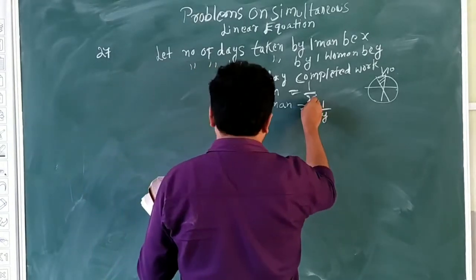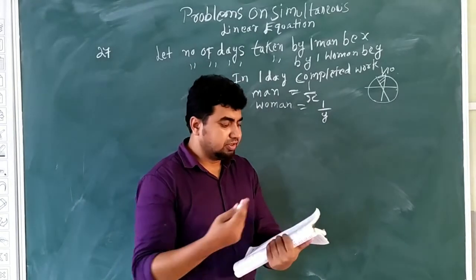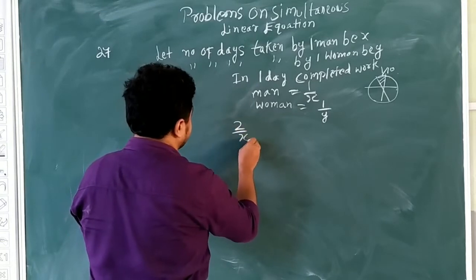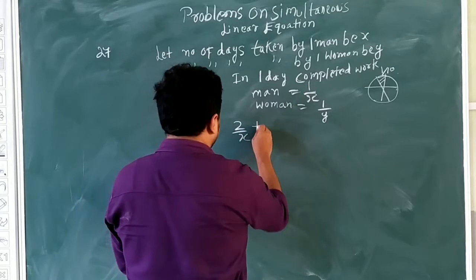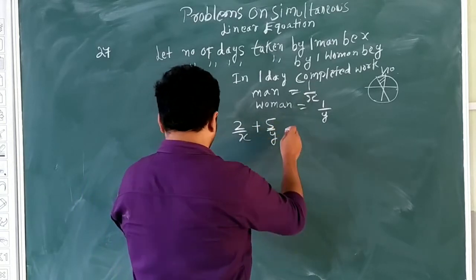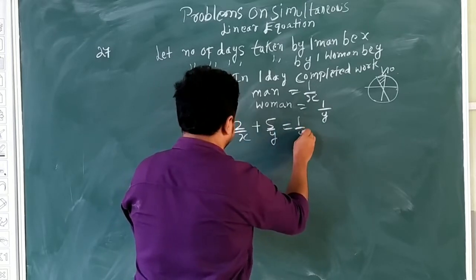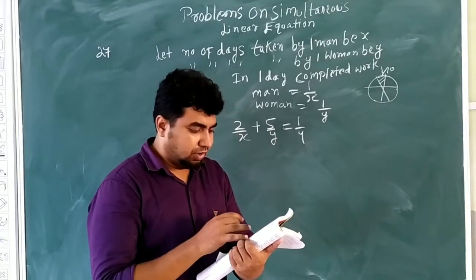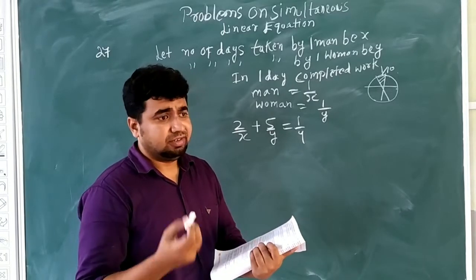So we can write here, how many men are there? 2 men and 5 women are given to us. So 2 by x, since work done by 1 man is 1 by x. So 2 by x plus 5 by y will be equal to 1 by 4, which is given to us. Now the second part: 1 woman and 1 man can finish a work in 12 days.